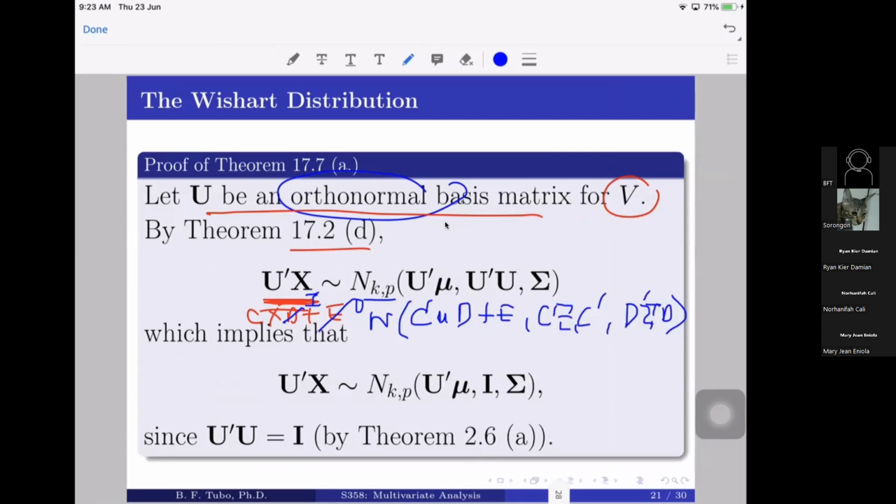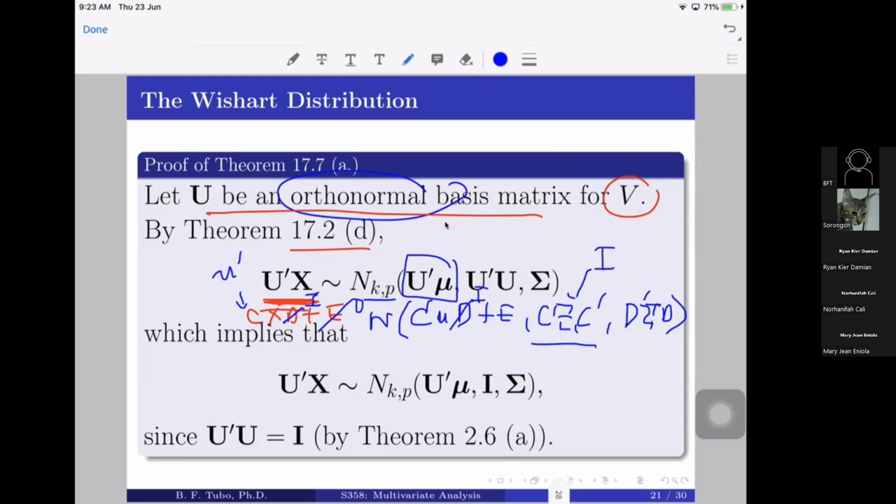Okay, so in here, C will be U prime. So what will happen here? This is just identity, so this is correct. This is U prime mu. And then psi is identity. So C is U prime.